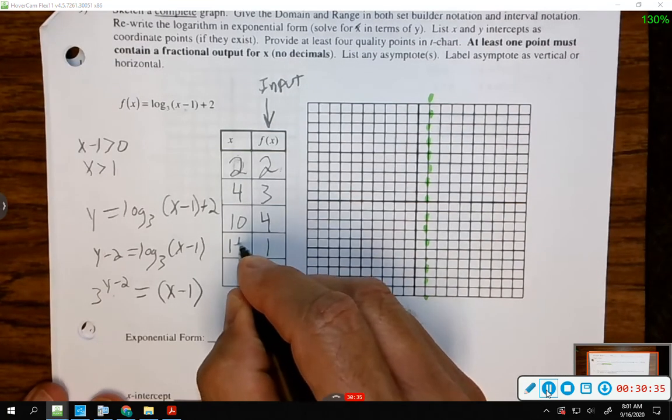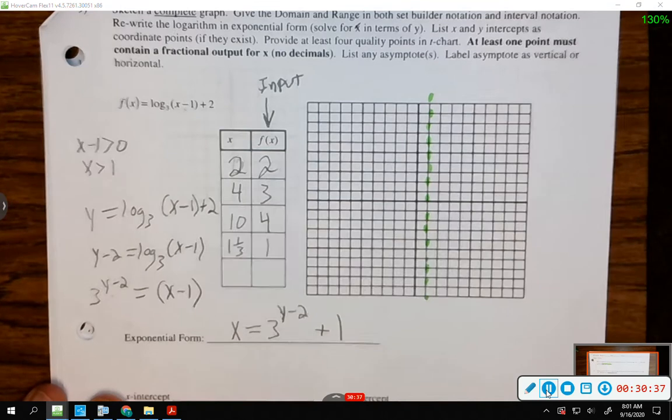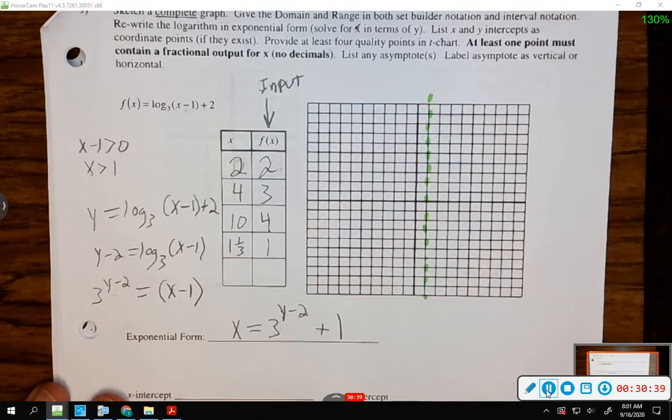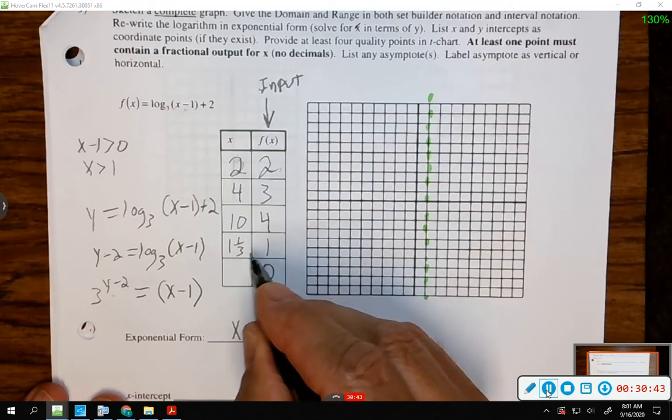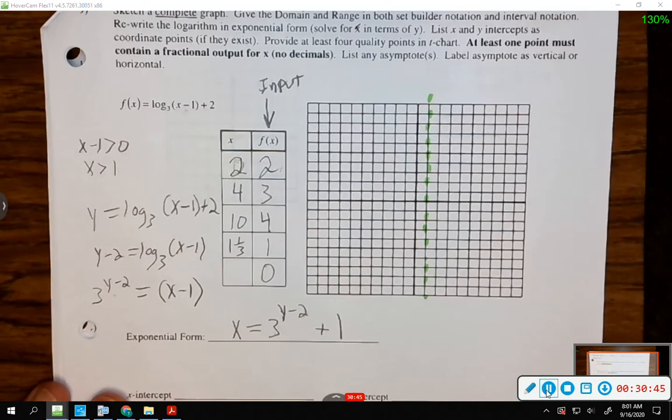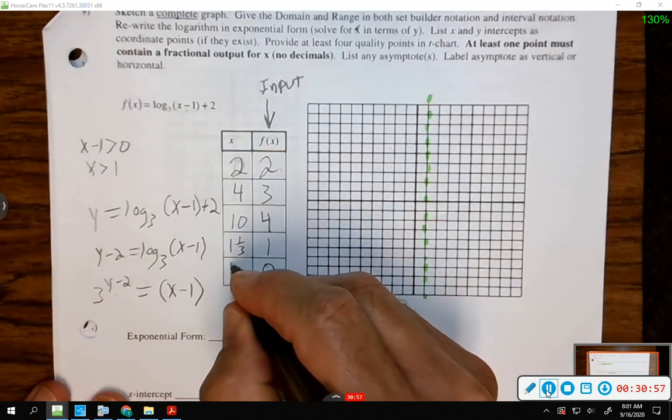You can make it 4/3, but why not just call it 1 1/3? It has a fractional output. Let's do one more just for good measure. 0 minus 2 is negative 2. 3 to the negative second power is 1 over 3 to the second power. That's 1/9. 1/9 plus 1 is 1 and 1/9.